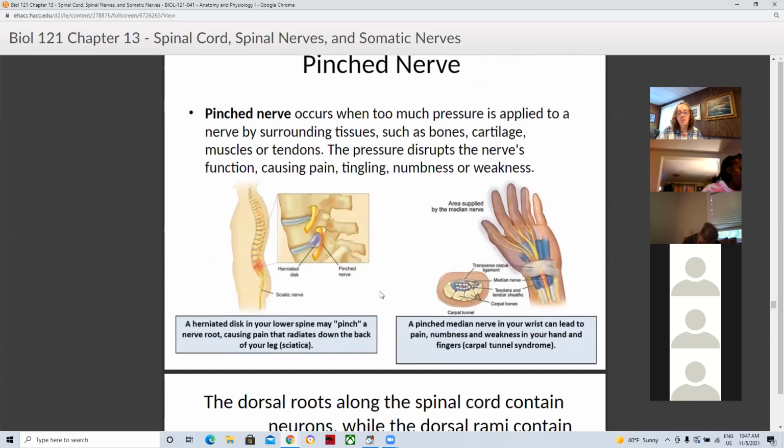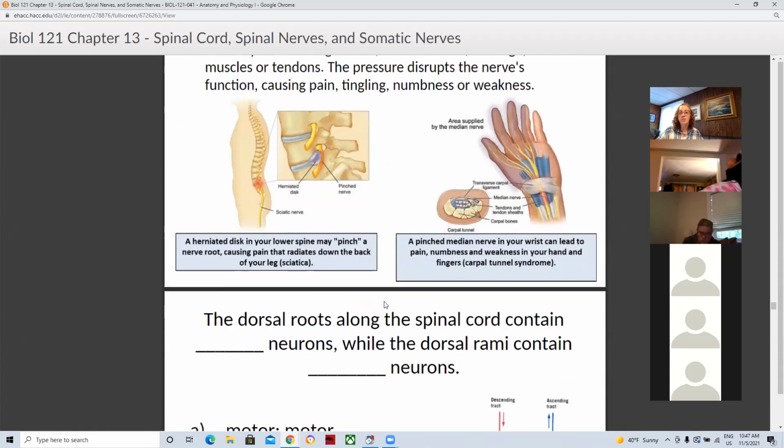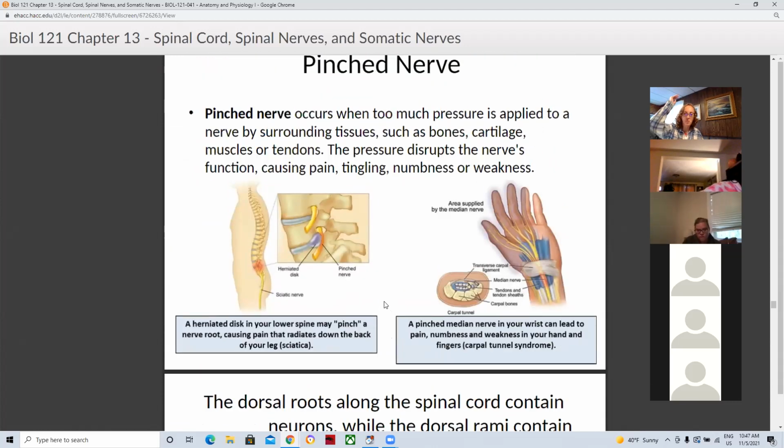Well, what's a pinched nerve? A really good example of a pinched nerve is if you take your elbow like this and you slam it really hard against a desk. You know what I'm referring to? Don't do it.